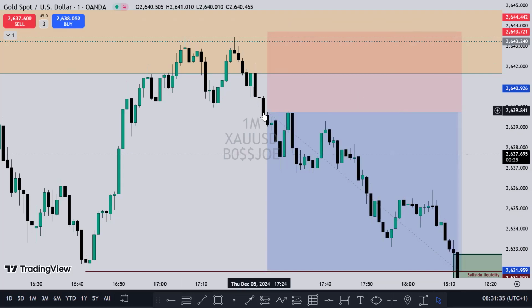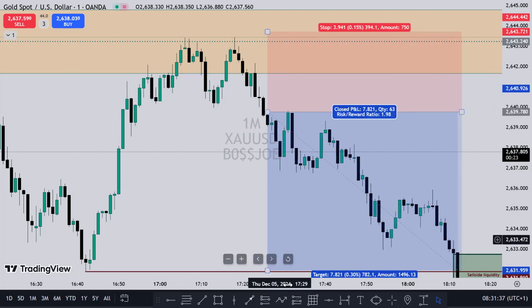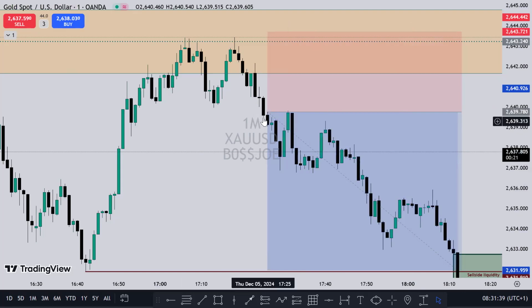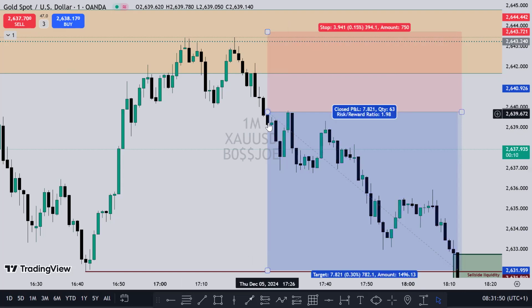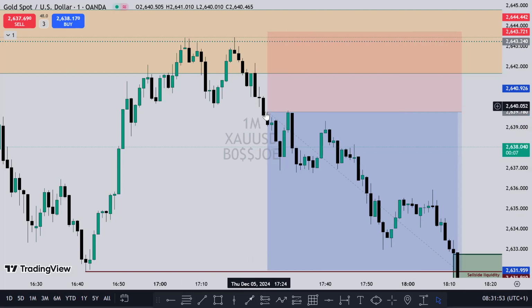This particular candlestick, look at this time, has 17:25 p.m. You see, this particular candlestick has the previous candlestick's low and this other candlestick's high that do not overlap. That is what we call a fair value gap.